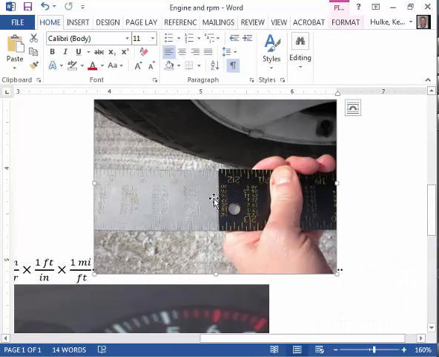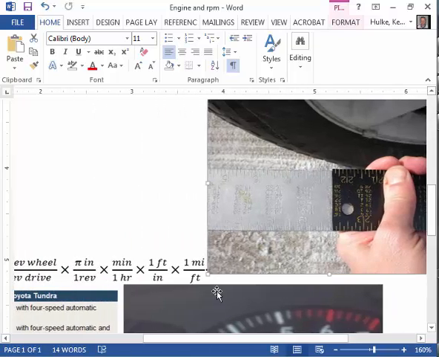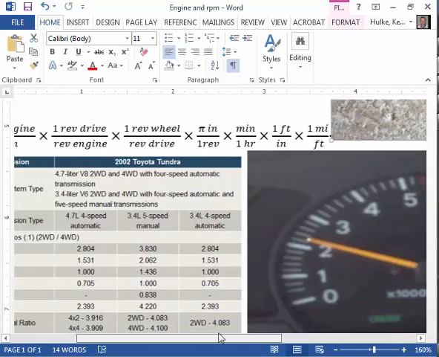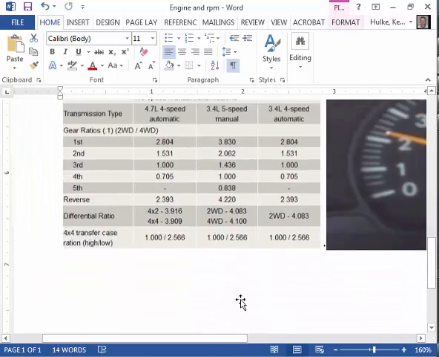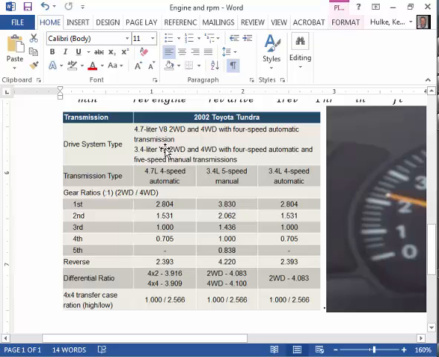It's actually about 30 and 7/8 inches, and the transmission, what you want to pay attention to is that it's the 4-speed automatic, but it's the larger engine.